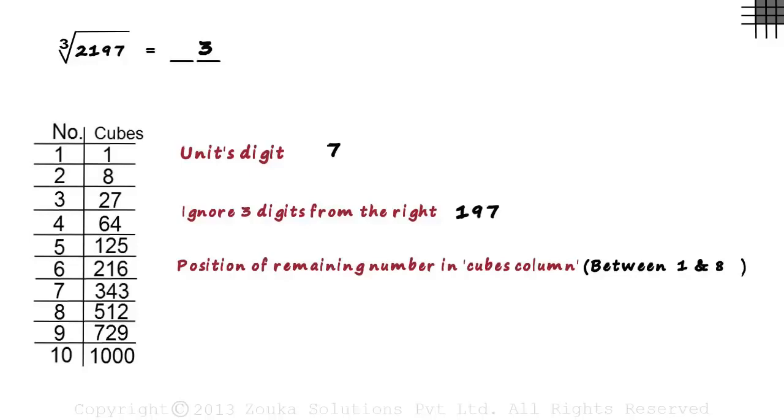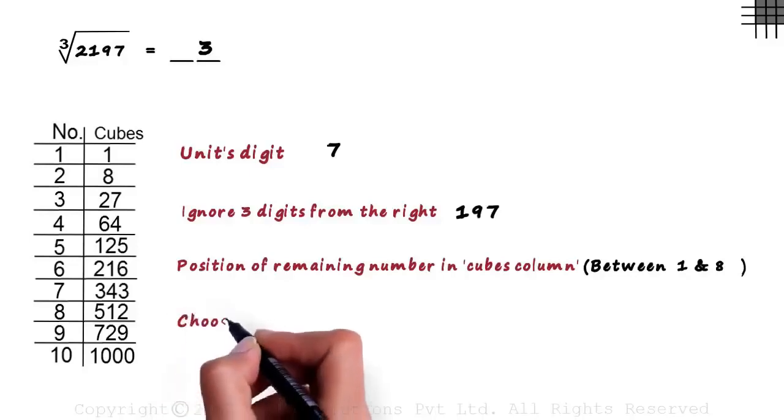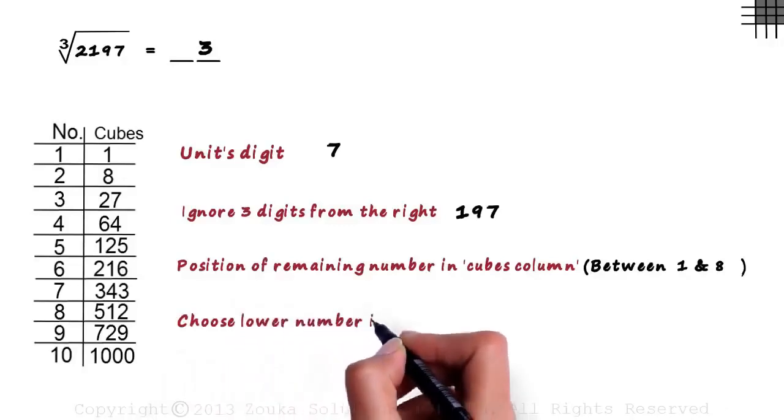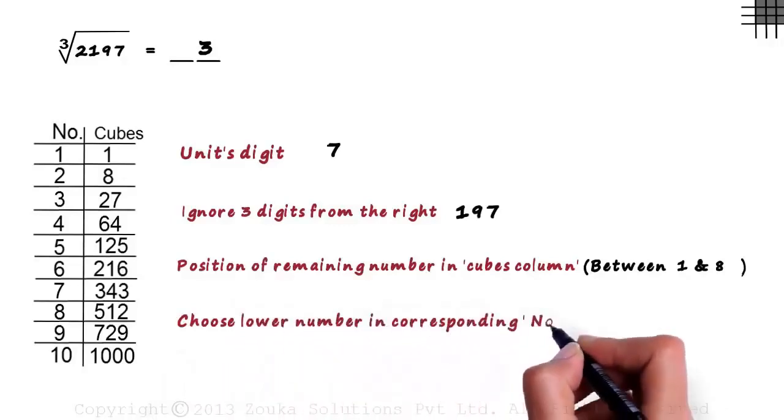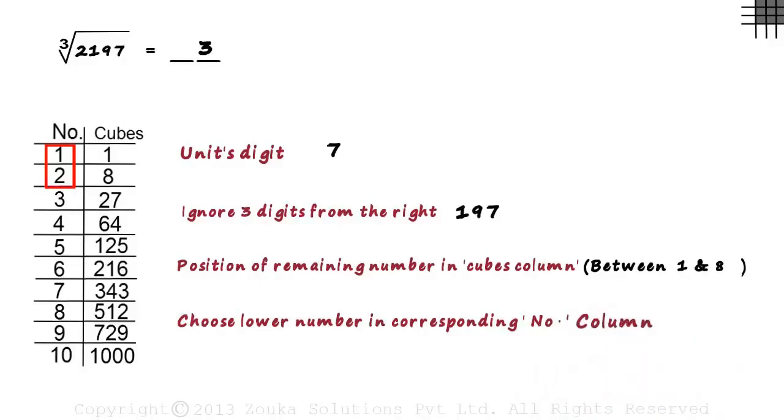The last step is very important. Now that we know where it is placed, we choose the lower number in the corresponding number column. The lower of 1 and 2 is 1. That's it. This is your tens digit. So the cube root of 2197 is 13.